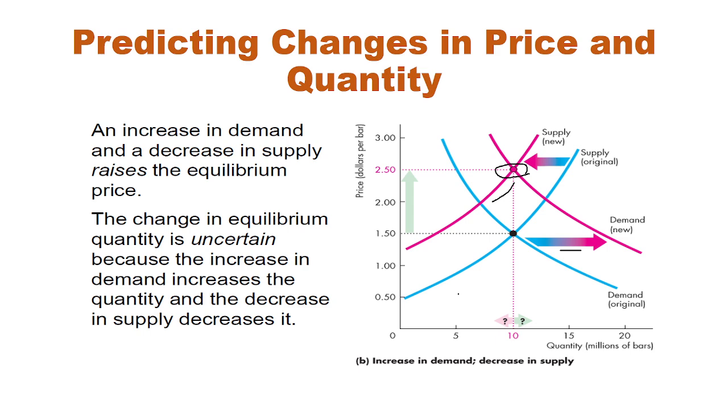It is important to remember that this condition raises the equilibrium price, and as you can see, the equilibrium price rises from the original $1.50 to $2.50. The change in equilibrium quantity is uncertain, because the increase in demand increases the quantity and the decrease in supply decreases it. Thank you so much for your attention.